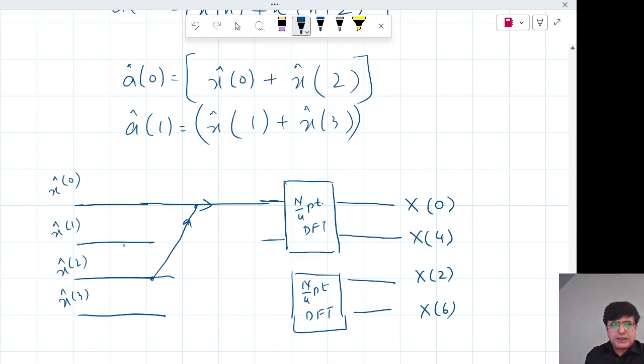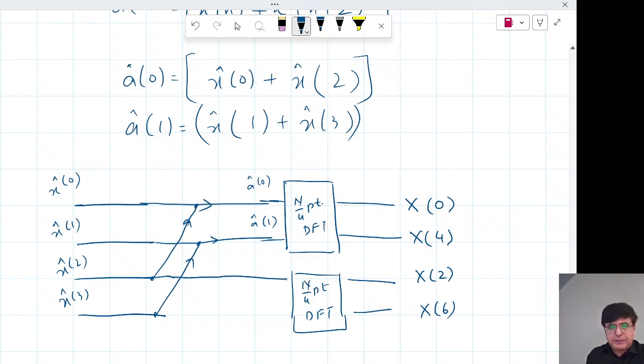Similarly, this is a hat of 0. A hat of 1 will just be the term at 1 plus N over 2, 1 plus 2 is 3. So this guy combined with this guy. Yeah, this will be a hat of 1.